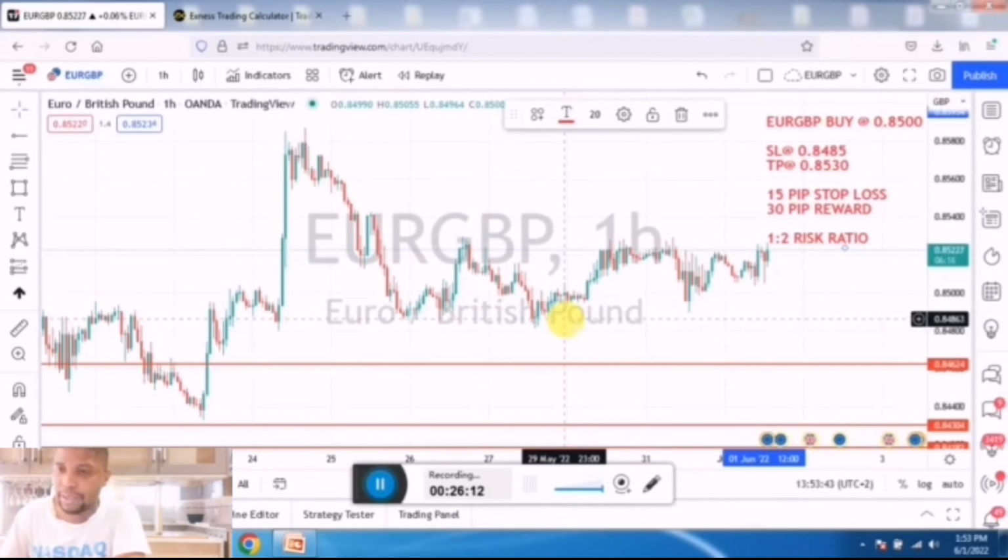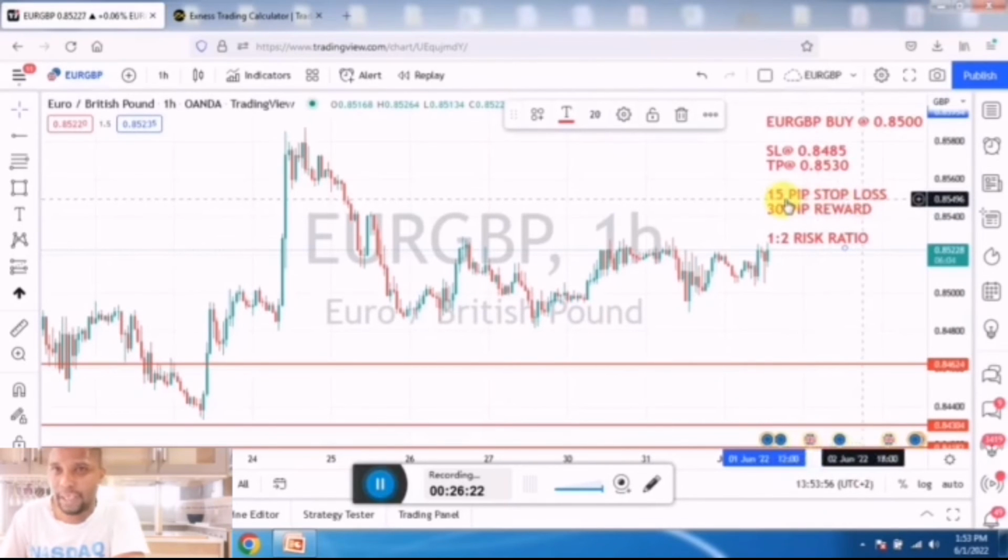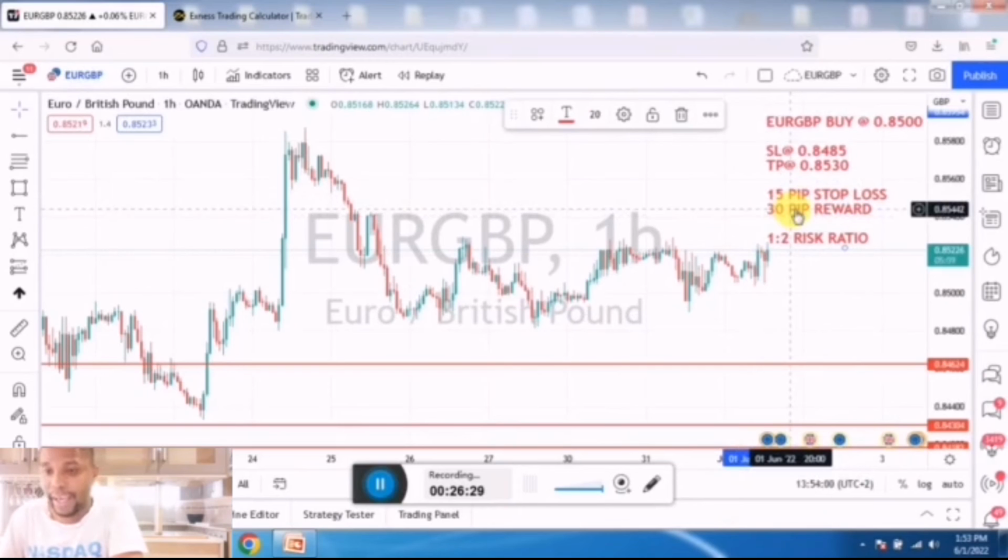This is the stop loss. You see good scanner from 850 to 84.85, your stop loss, which is 15 pips, which is not bad. And then your reward again is 30 pips. Again here, the risk-to-reward is also 1:2.